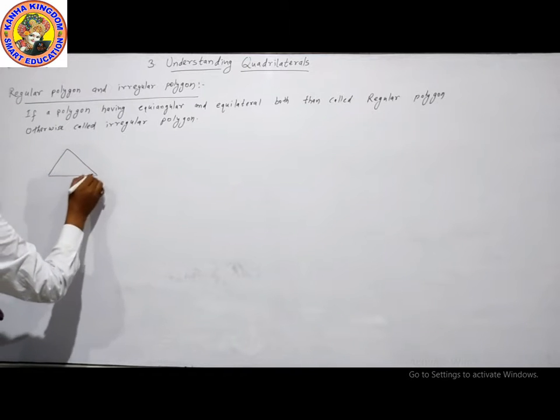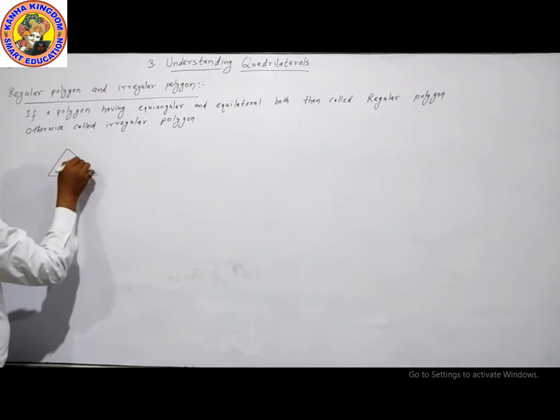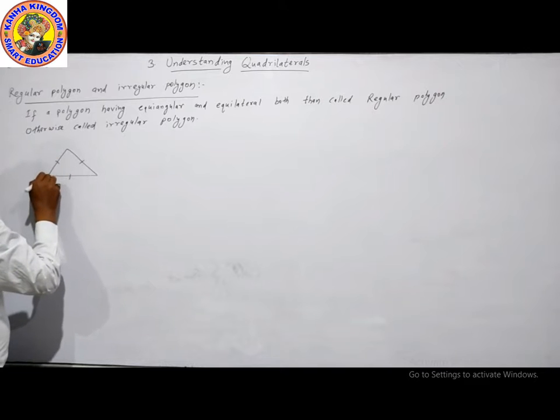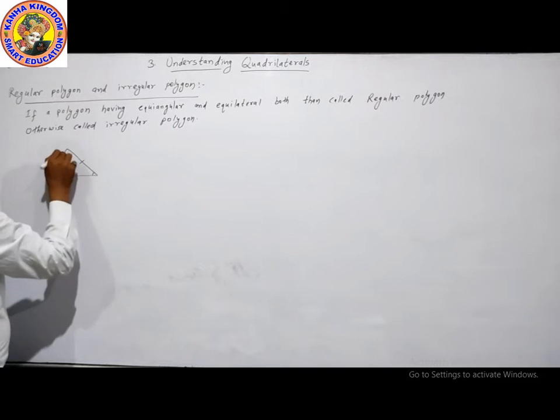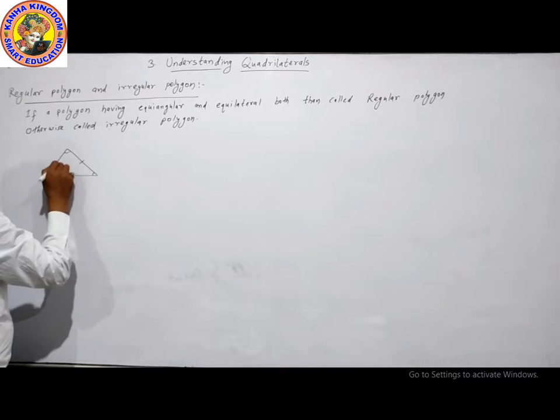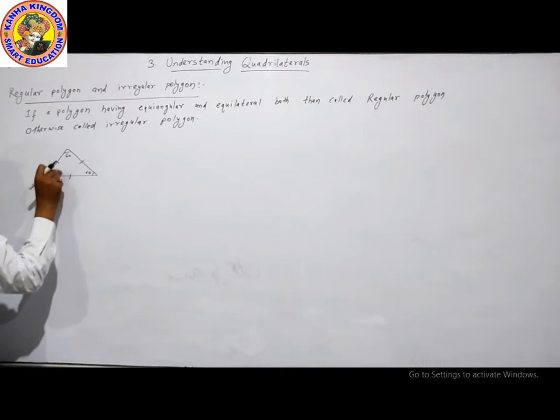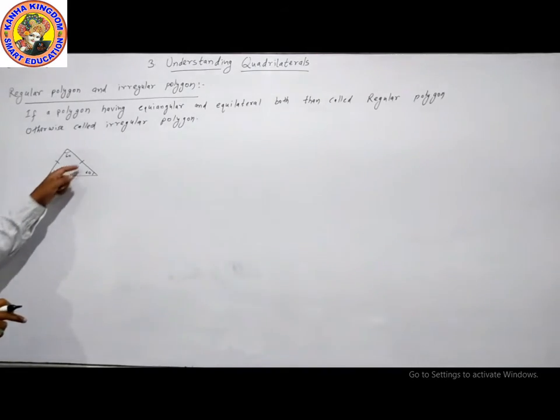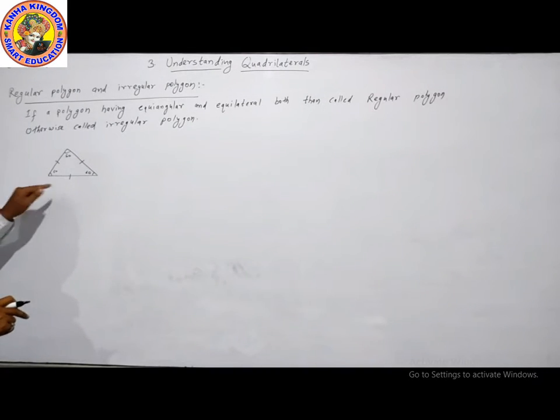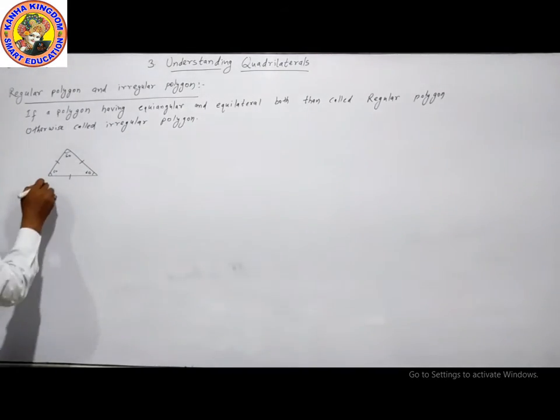If a triangle has 3 equal sides and 3 equal angles, 60, 60, 60, there are three angles which are equal and three sides which are equal, then it is called a regular polygon.